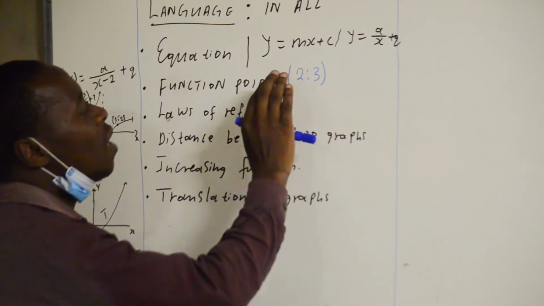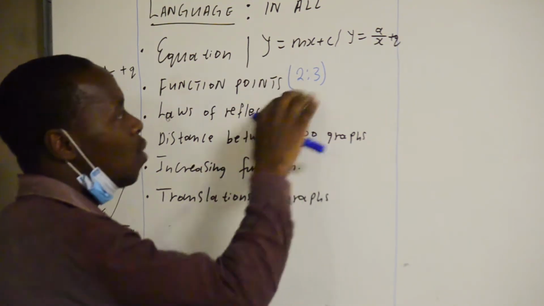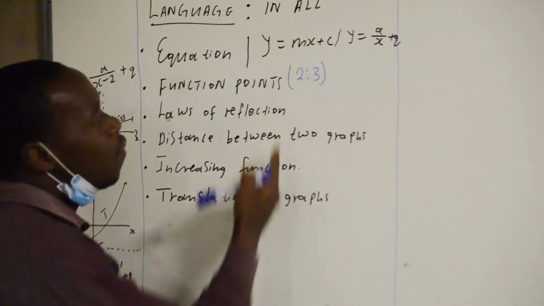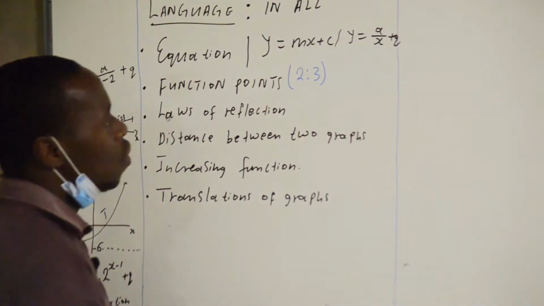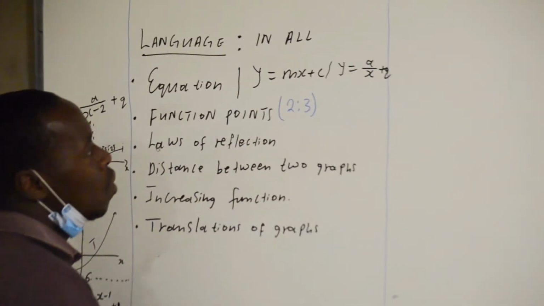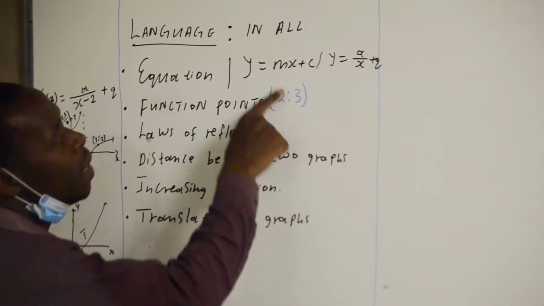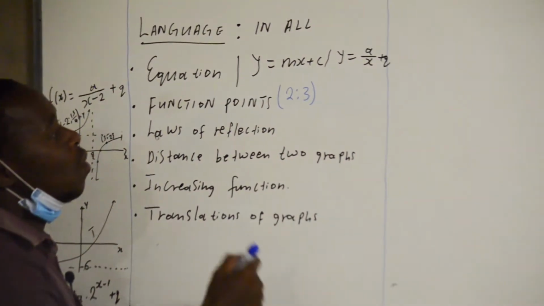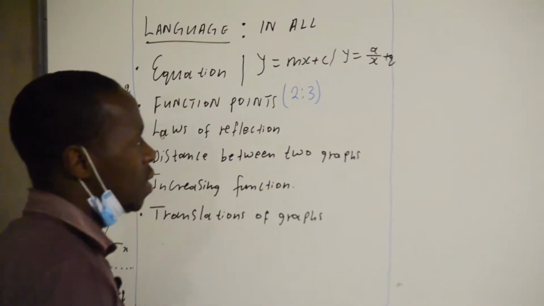Ithi lento une-unknown kwi-equation somewhere. For example, u-m kwi-equation straight line, if une-point eyi-1, unoba awumazi u-m okanye u-c between the two. But if une-point enye, umniki u-m okanye u-c kweza equation. So ithi lento une-unknown eyi-1 ongayaziyo.